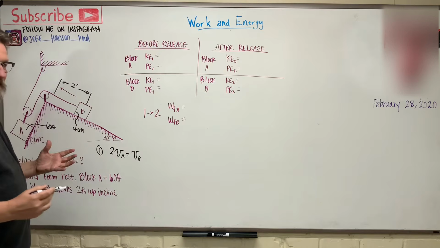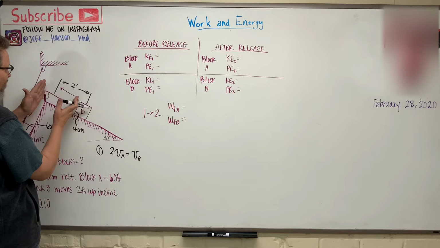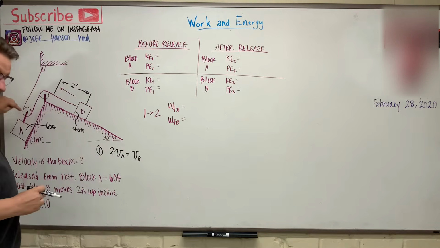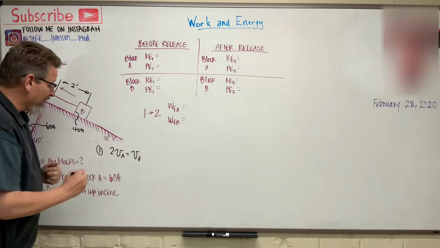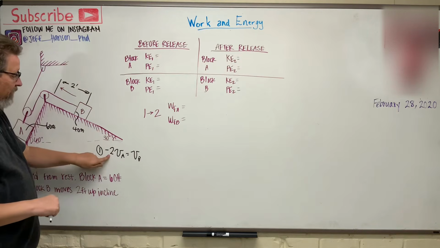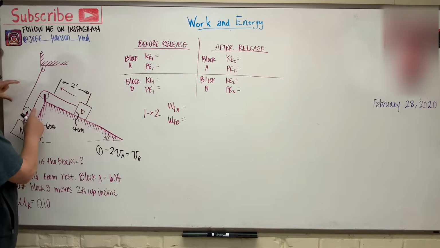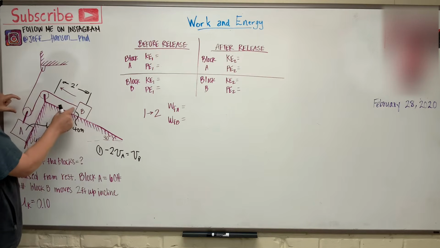And the other equation is distance, and it's the exact same thing. If this one moves up the ramp 2 feet, how far down the ramp? Oh, you know what? Let's put a negative in front of that, since one's moving up and the other one's moving down, they're moving in opposite directions. But the distance, if this guy moves 2 feet, what does that guy do? Well, again, 2 feet of rope.